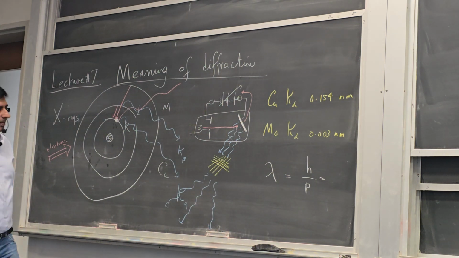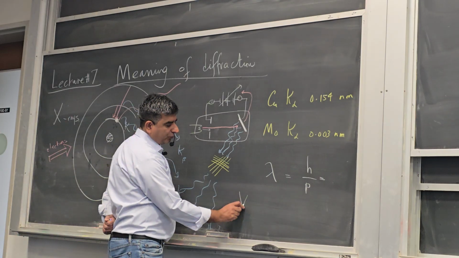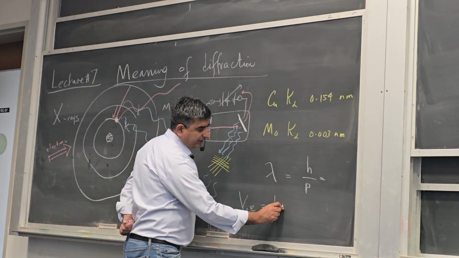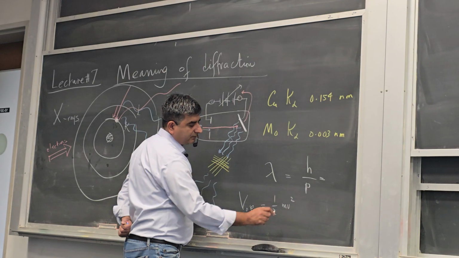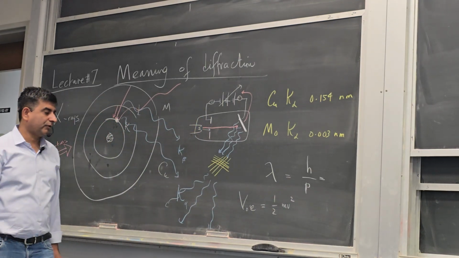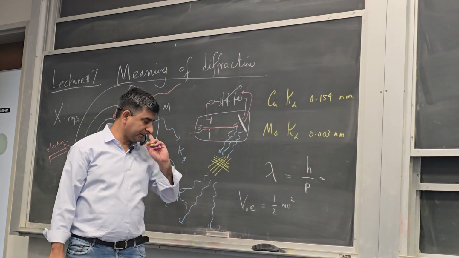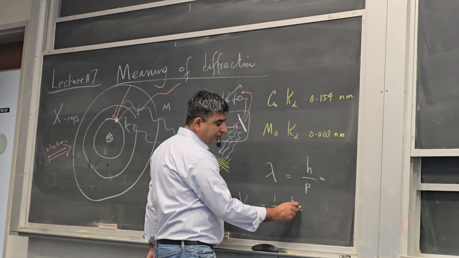So V naught E is the energy, half mv square. You can also express this in terms of momentum. This is equal to P square over 2m.